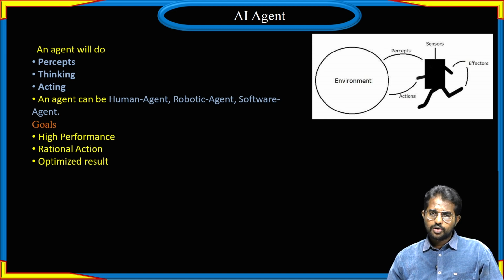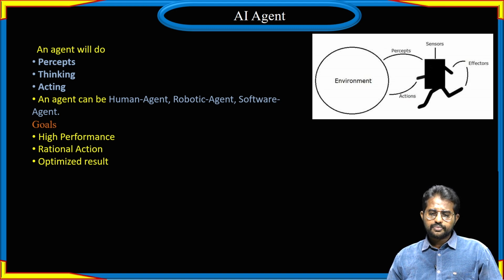Similarly, the robotic agent has wheels for movement and prosthetic hands to lift objects. Based on the task we give to the particular robot, it will act upon that task.